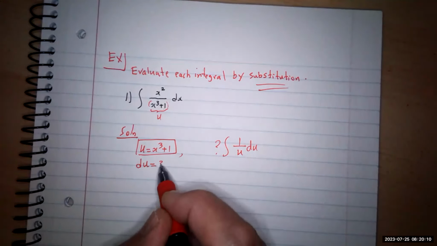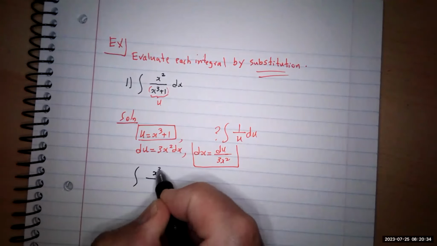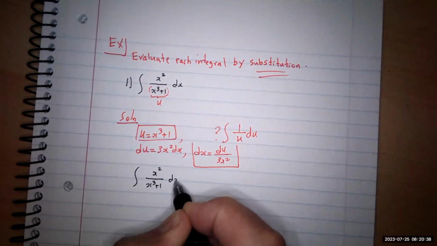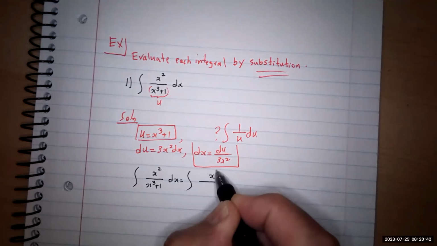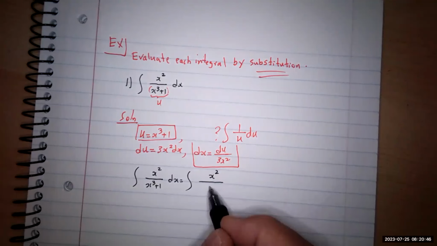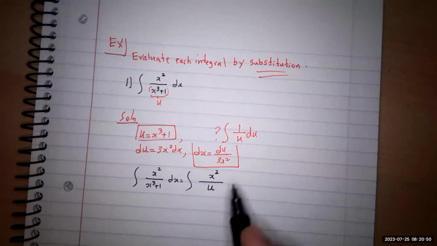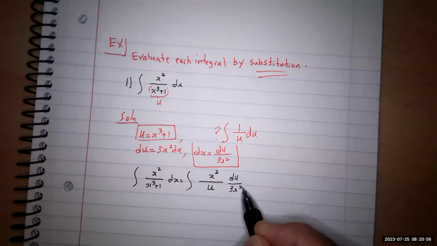1 over u. If you don't get it, you probably missed something. So originally, this is what we have: x squared over x cubed plus 1 dx. Now we substitute. We don't have anything for the x squared, don't worry. But x cubed plus 1 is u, and dx is du over 3x squared.